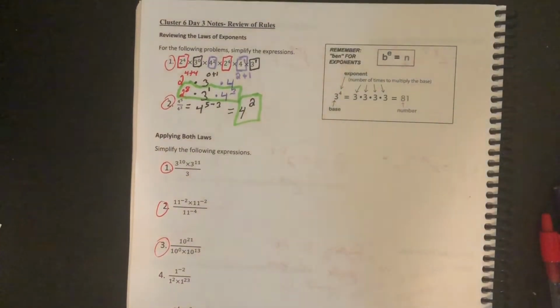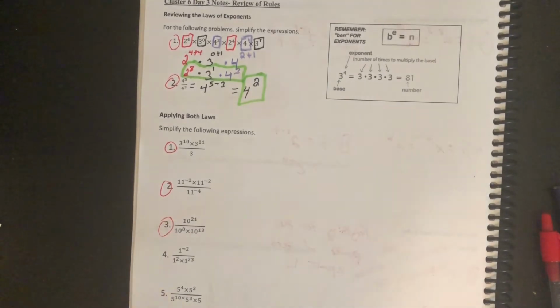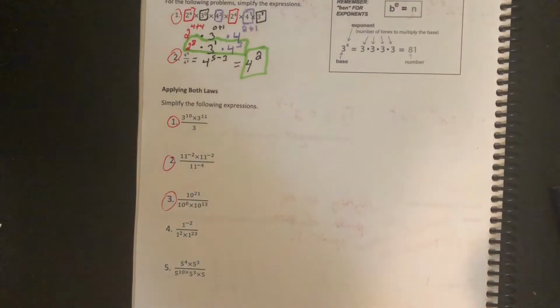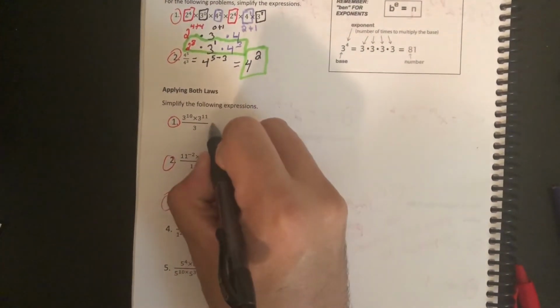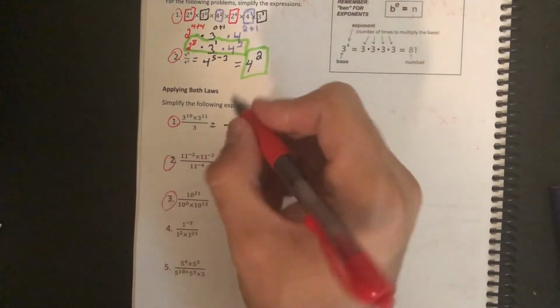Okay, let's move on. Number 1, applying both laws. So there will be problems where you can actually do the multiplication rule first and then the quotient rule, okay? So let's start with number 1. First thing I want to do is see if I can multiply anything together. And if you notice at the top, I can multiply those two threes together.